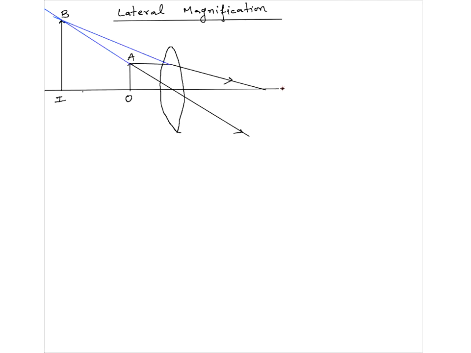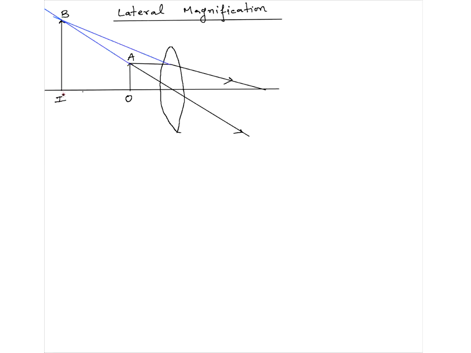Not that you cannot take other rays for O also. You can take as many rays for O as you want. O will have its image at this point, A will have its image at this point. That's the image.